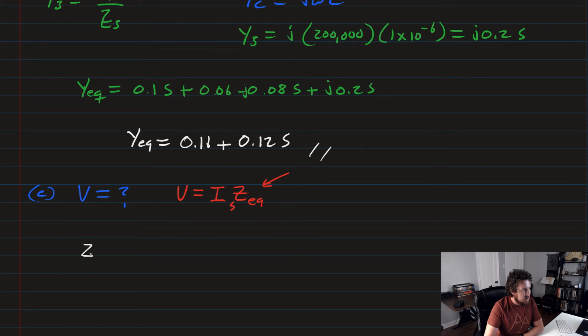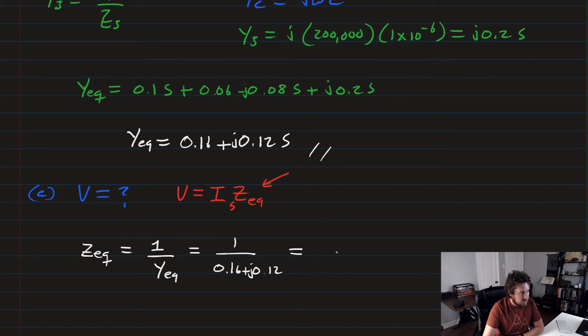So Z EQ is equal to 1 over Y EQ, so that's going to be 1 over 0.16 plus j0.12, which means we'll use that complex conjugate.